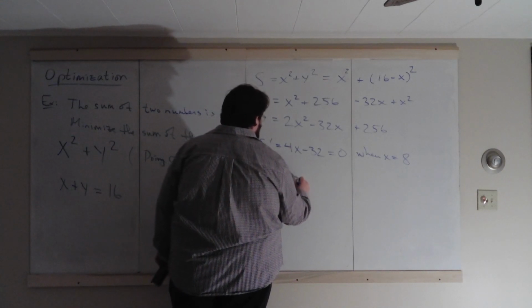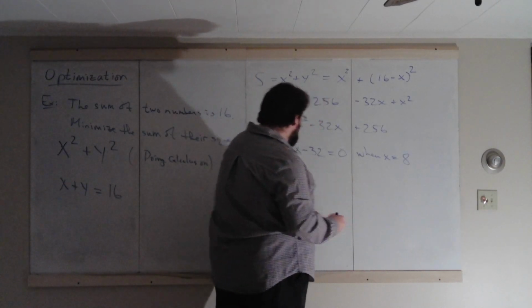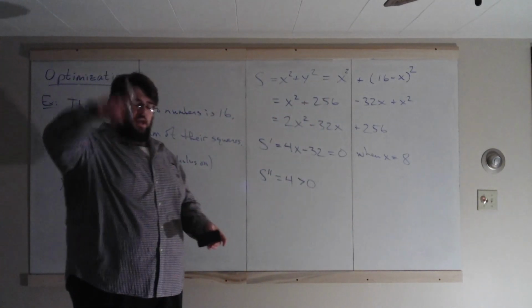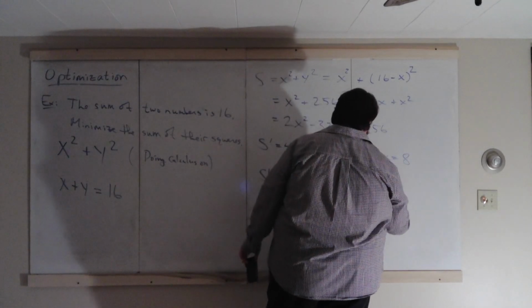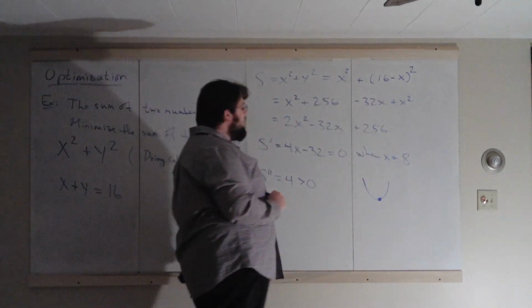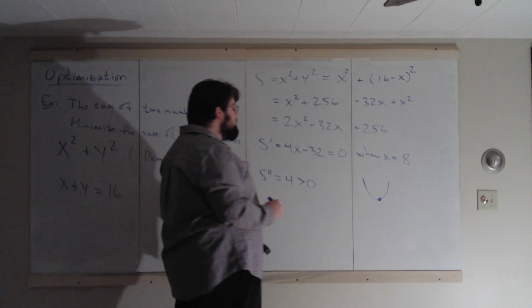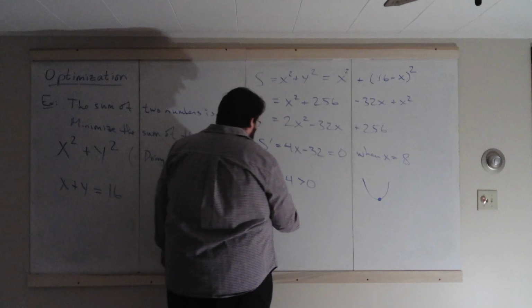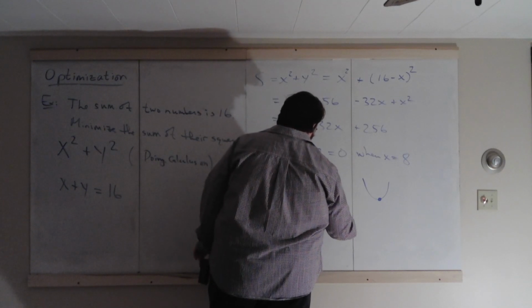Second derivative equals 4, which is positive. Positive means what? Concave up. Concave up would tell us that the point x equals 8 we found would give us a minimum. So x equals 8 gives a minimum.